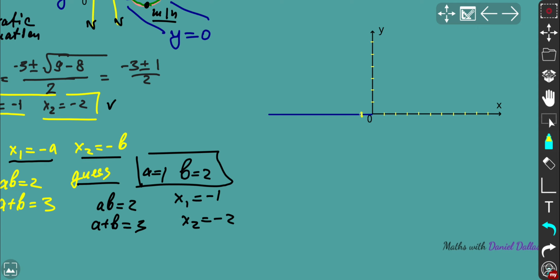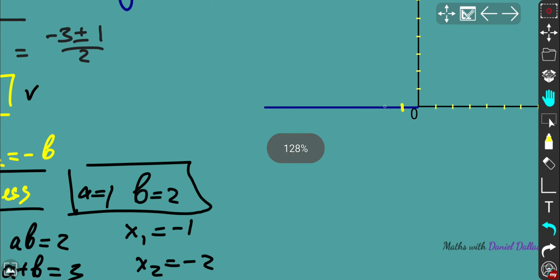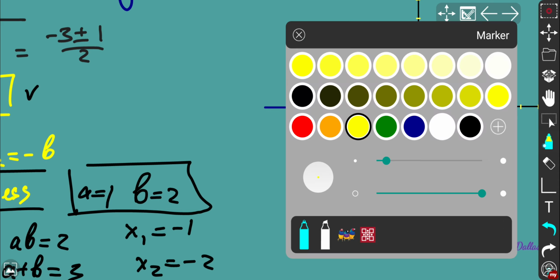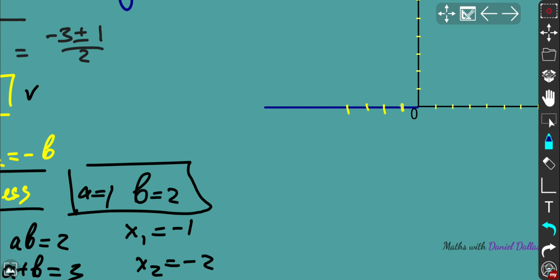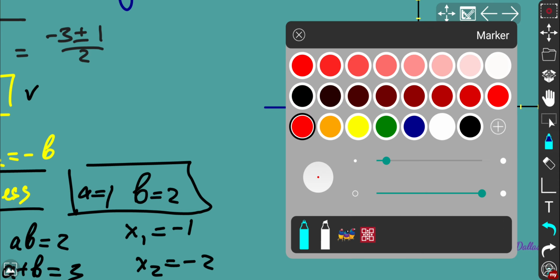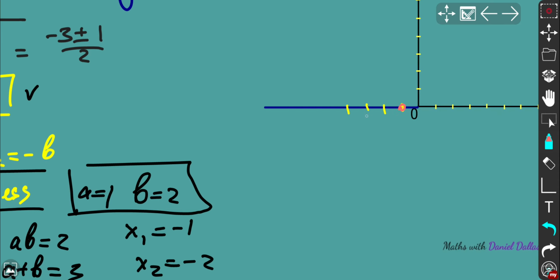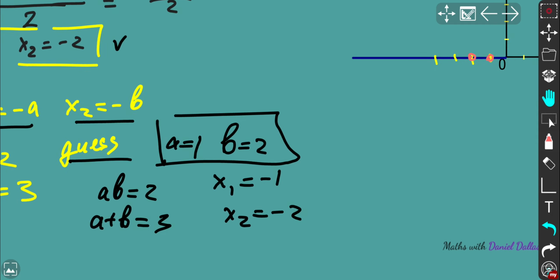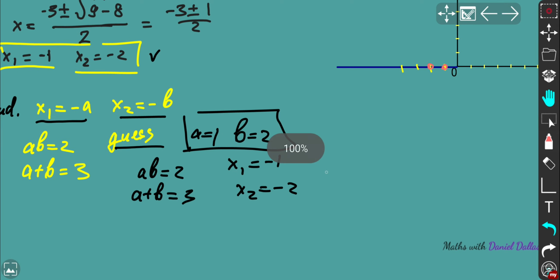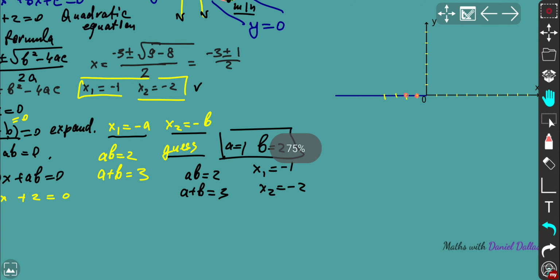Here and here as well. I extend a little bit to get more units. What I know is that -1, which is here, and -2, which is here, represent our x-intercepts.